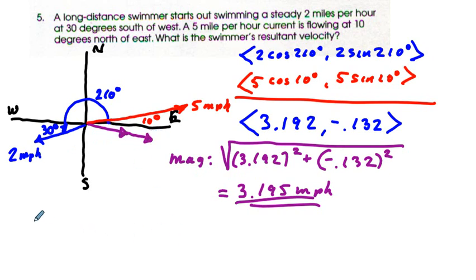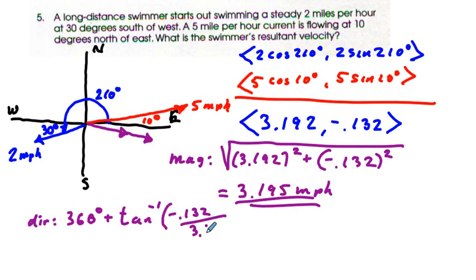And the direction, we're in quadrant 4, so it's going to be 360 degrees plus the inverse tangent of our y over x. So we're going to have our negative 0.132 over this 3.192.